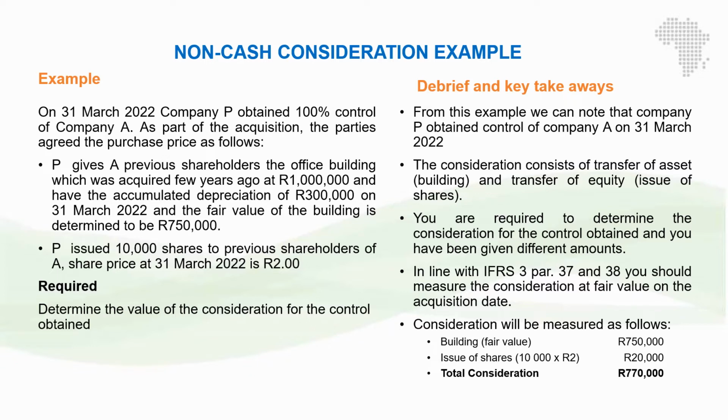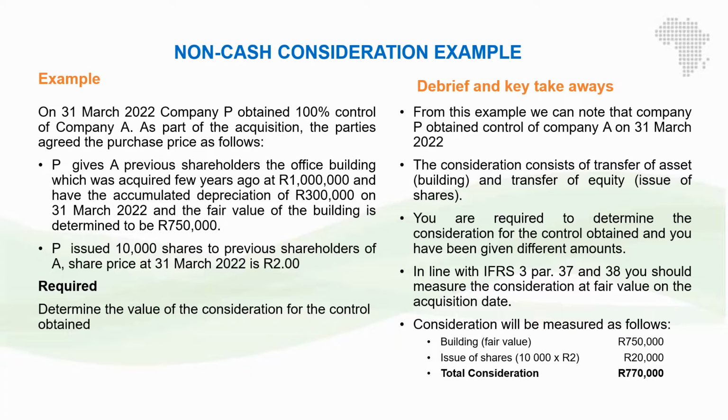P gives the previous shareholders of A the office building, which was acquired 3 years ago at 1 million, and the accumulated depreciation was 300,000. Therefore, the carrying value would be 700,000.